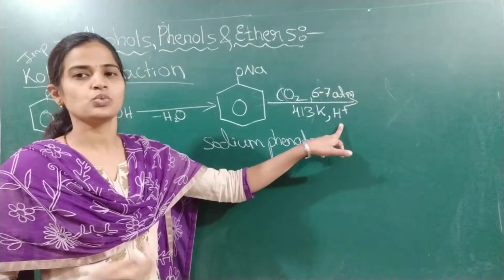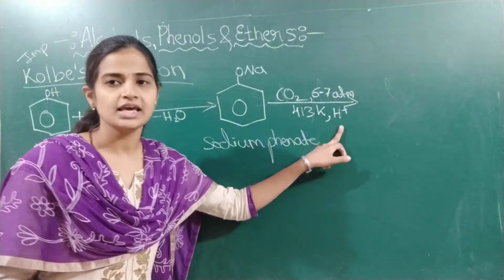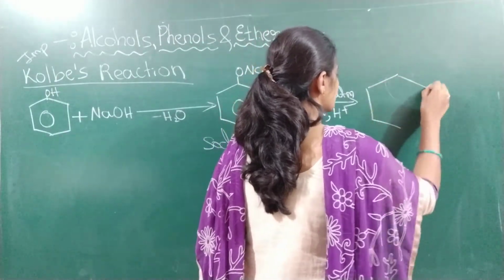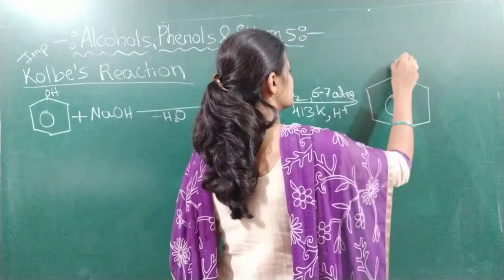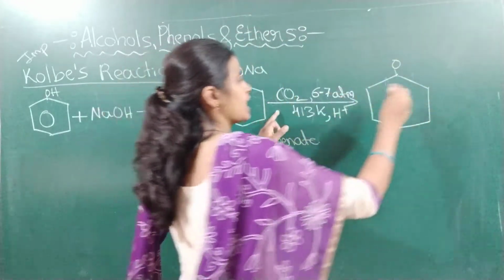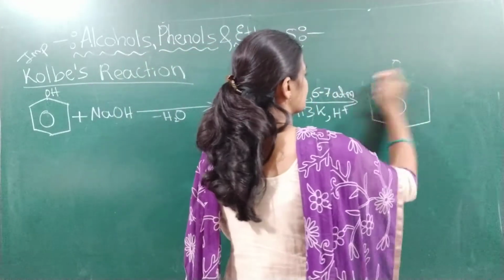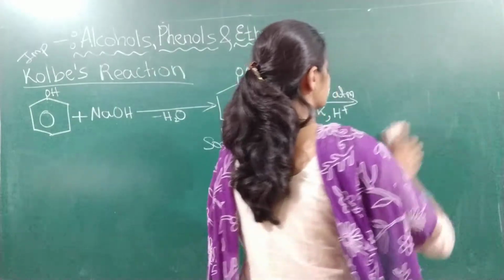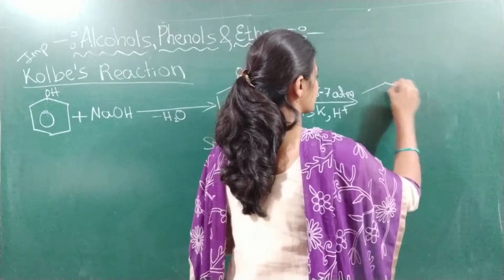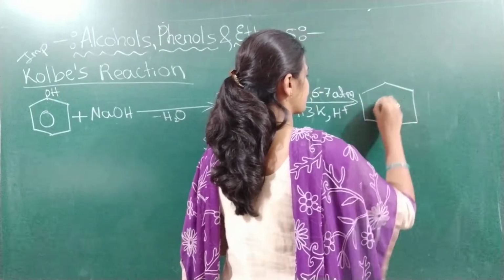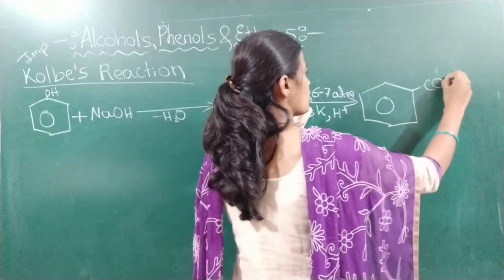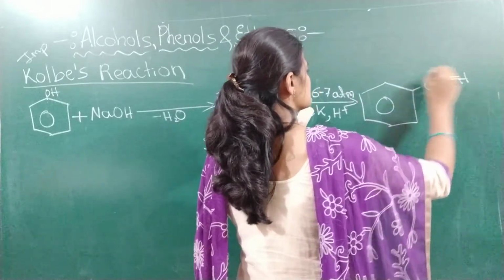H plus written here means we are using HCl, any acid. Carbon dioxide attaches here, and one hydrogen will be there, therefore COOH.